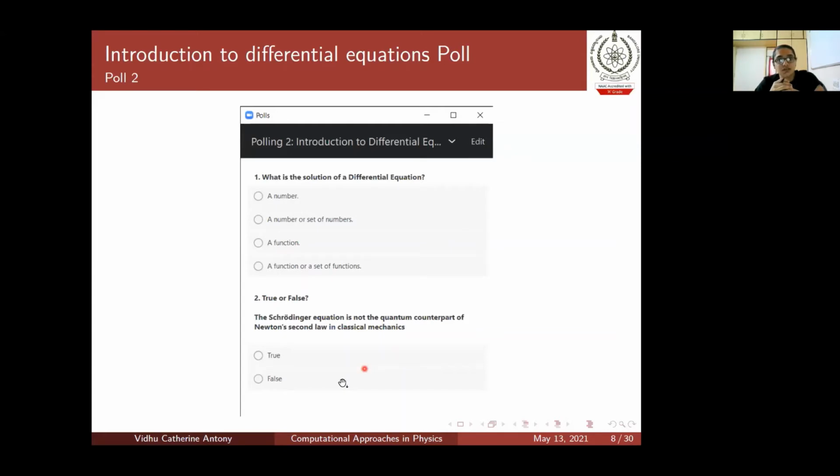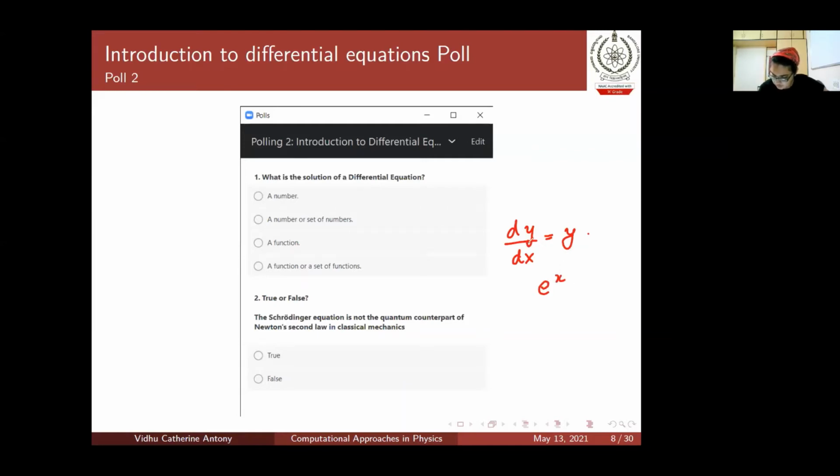So if you try a simple differential equation, let me just annotate here. Let's say you have dy by dx equal to y. Let's say you have e power x.